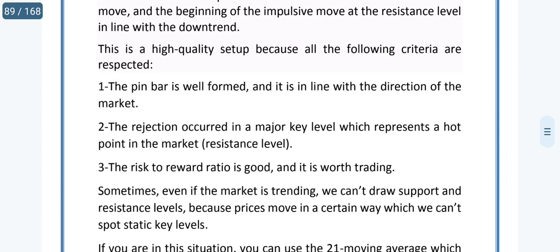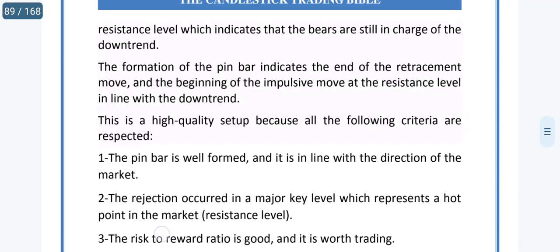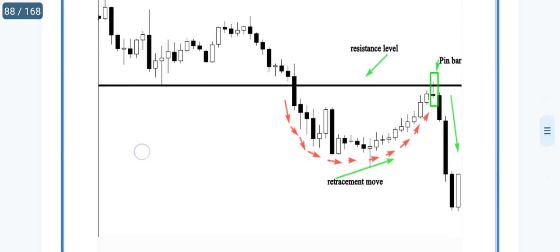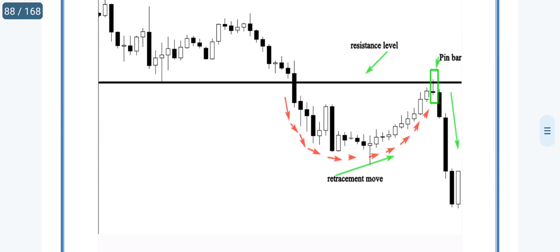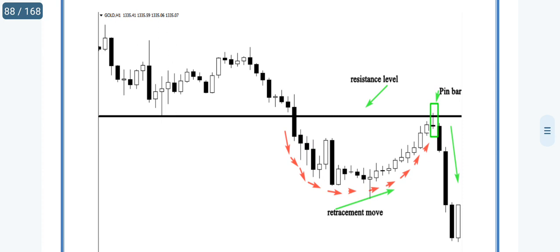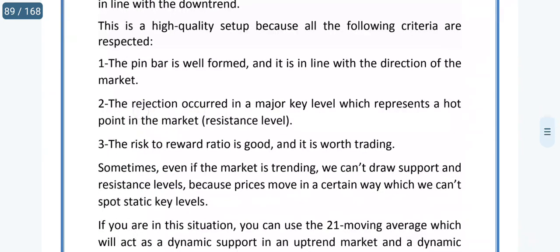And it is a high quality setup because all the following criteria are respected. So when you observe such an illustration, the criteria that I am going to show you are going to be respected.